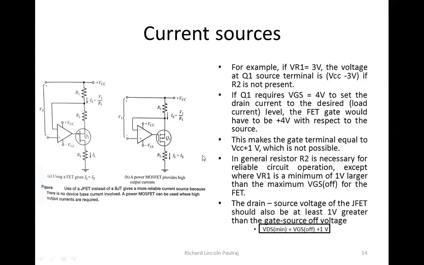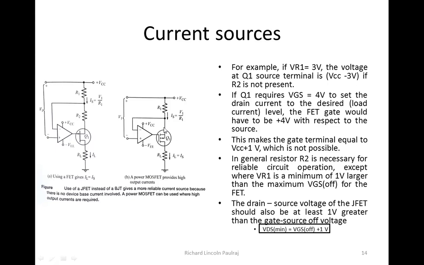VGS is to give the voltage between the gate and the source. VDS is between the drain and the source.